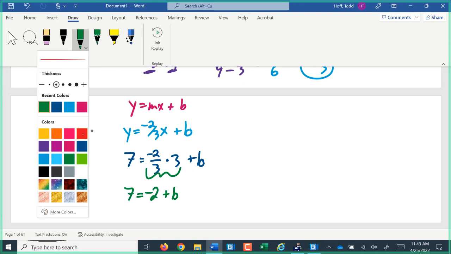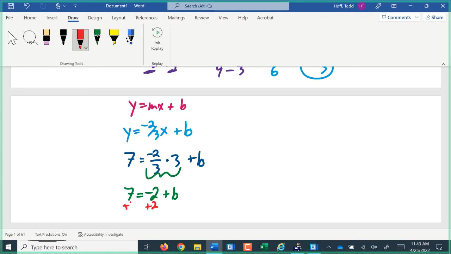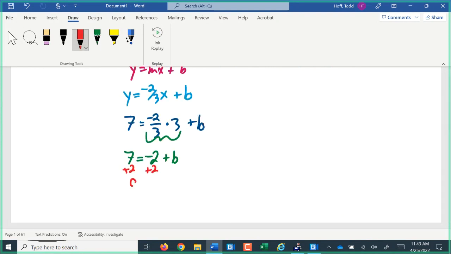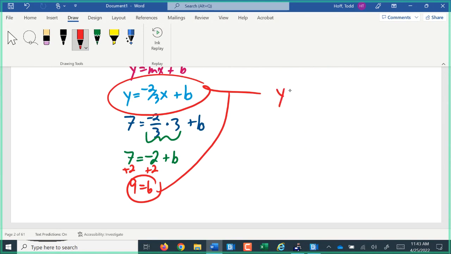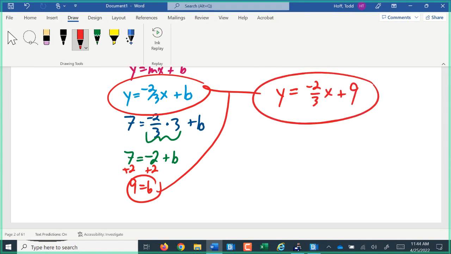And to solve for b, we add the 2 to get rid of the negative 2. Get 9 equals b. So again, we came back up here and replaced b in that equation. So instead of y equals negative 2/3 x plus b, it's negative 2/3 x plus 9 instead of b.